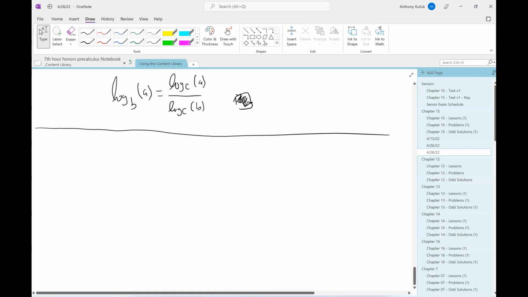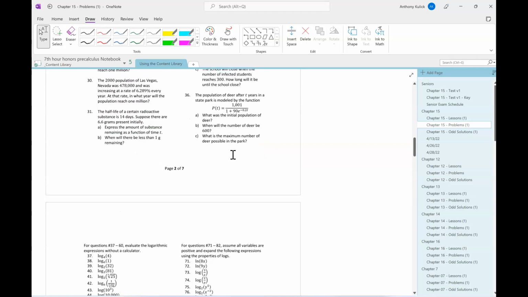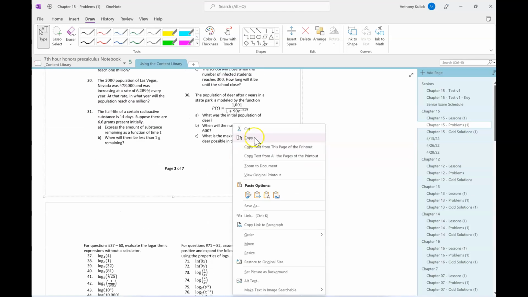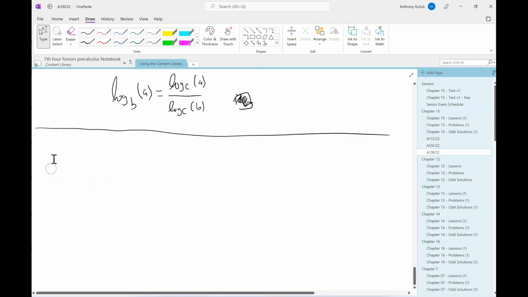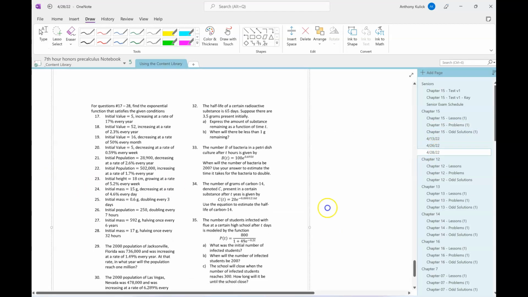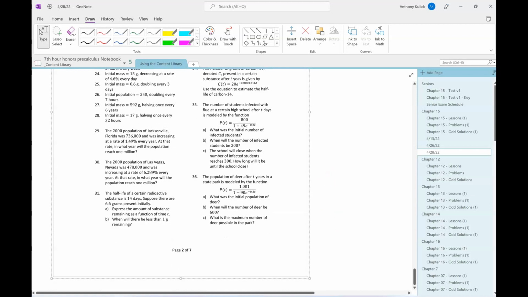Luke? So for 36C, when it's asking for the maximum number of deer in the park, would that just be the initial amount, so it'd be the 1,001? Hold on, let me look here. So 1,001 is not the initial amount of deer, but that is the maximum carrying capacity for that population, yes.